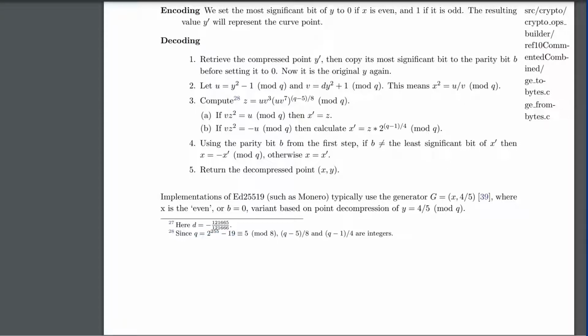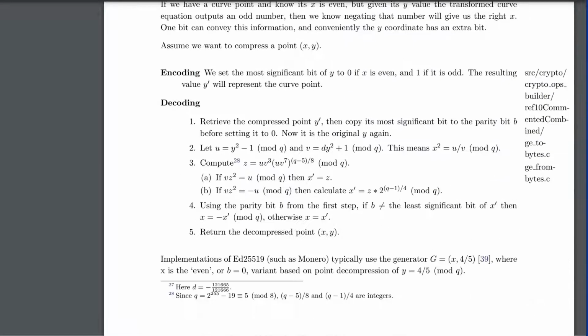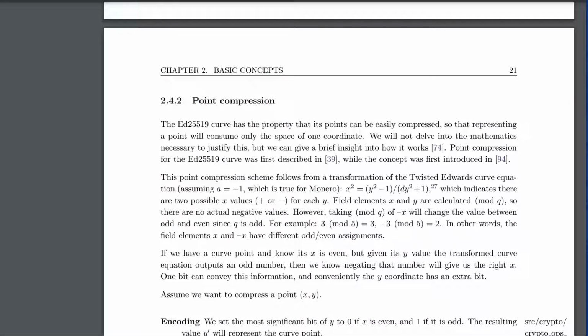So we're given the y coordinate directly, and then if we look at a different portion of the page, this is the relationship between an x value and a y value. So we can use 4 divided by 5 to define the y coordinate, and then we can follow through this formula to define what x squared is.